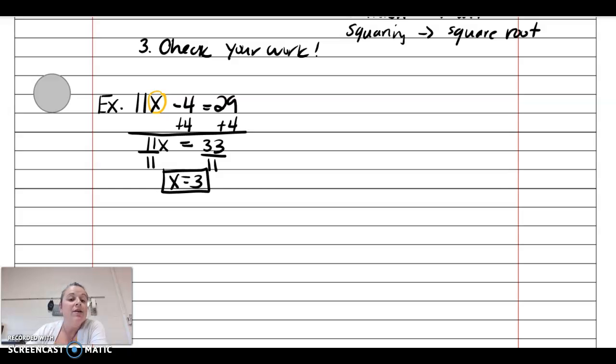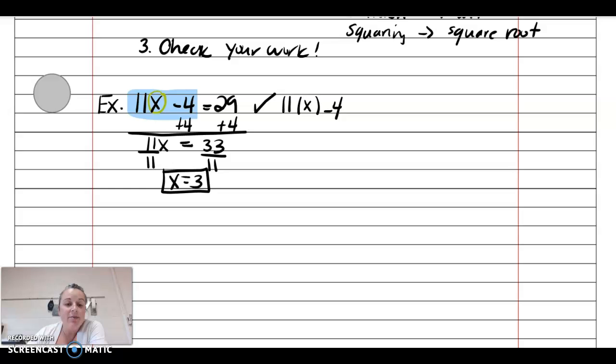According to this, both sides are the same when x is 3. So we want to double check this. We're going to check the left-hand side first, which is 11 times the x minus 4.